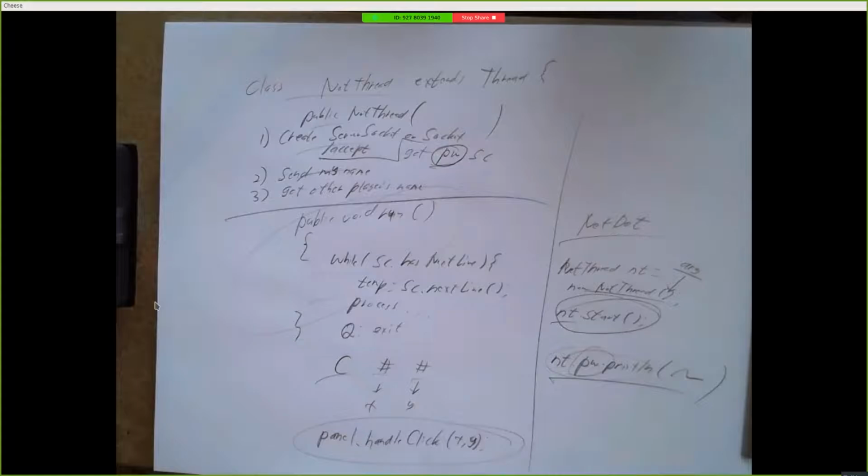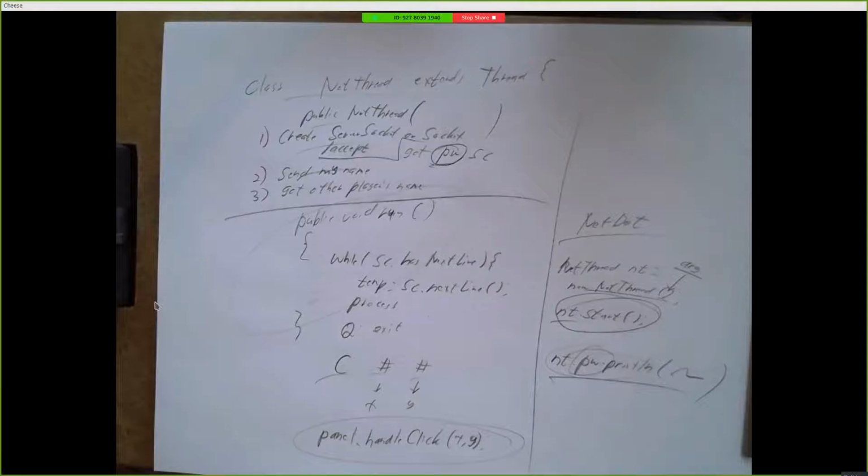So make your NetThread class extend Thread, make a constructor that somehow figures out if you're the client or the server based on an argument, and either makes a server socket and accepts a connection, or makes a socket connected to the destination address. Port 1234 for Dots. Swap names, right? So pw.println and then name equals sc.nextLine.